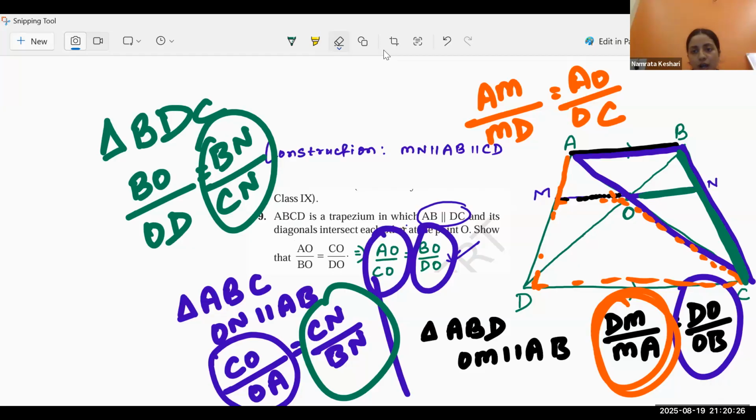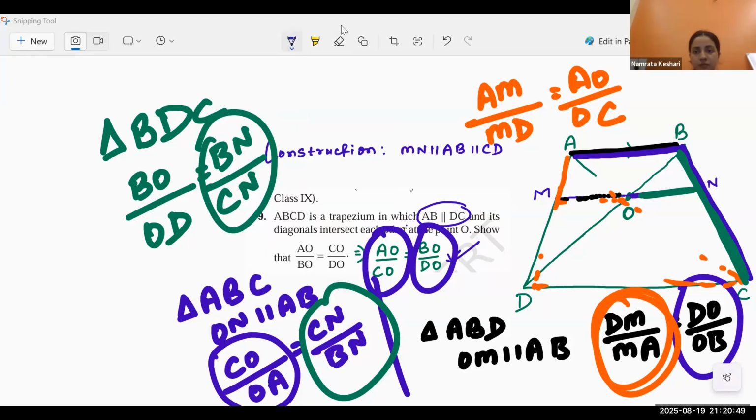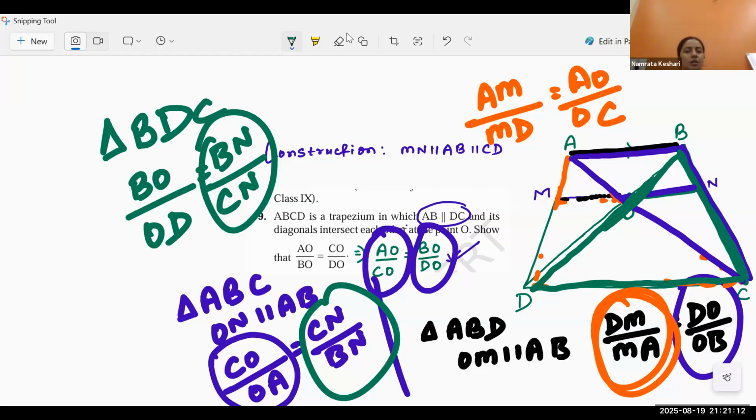Just a second, let me check how we are taking the triangle. The blue one and the green one. Yeah, the best way to identify the triangle is by keeping one of the sides common. Otherwise you will get confused.